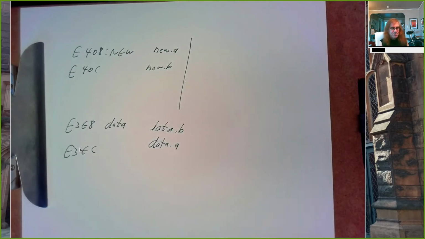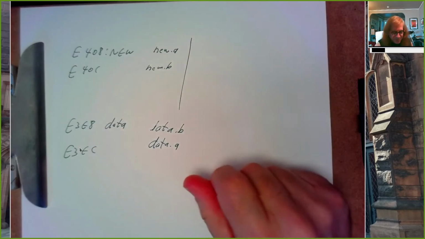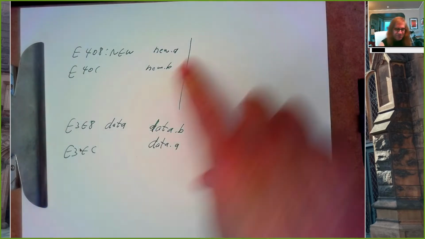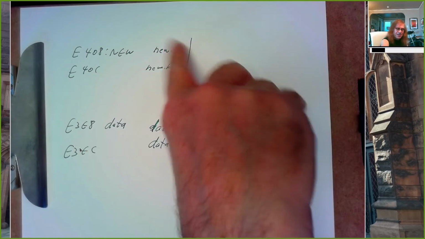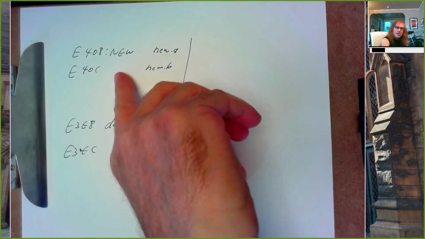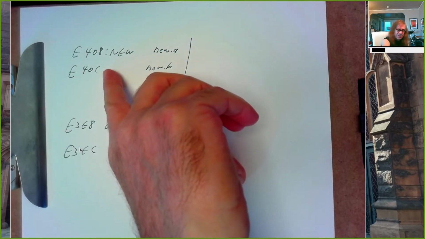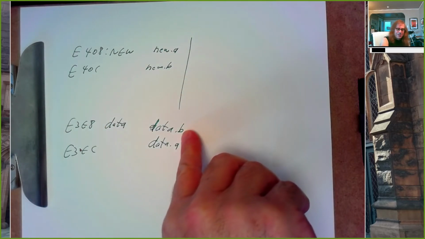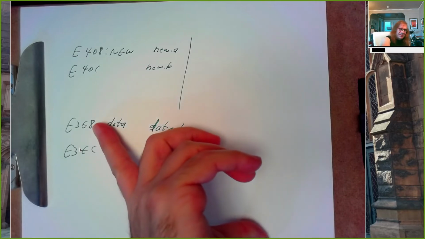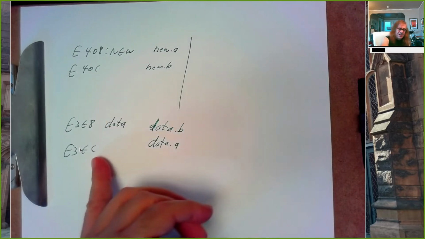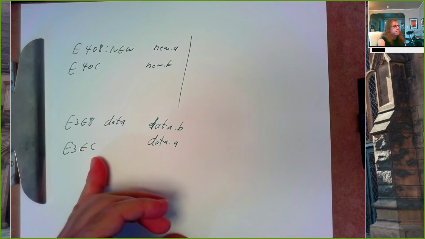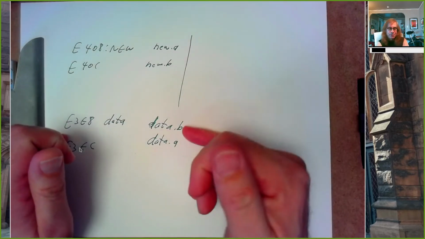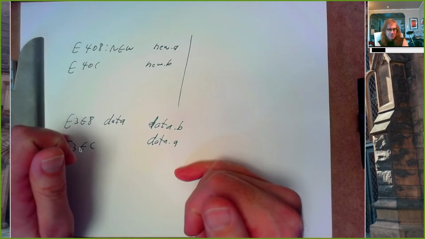So here's how memory has been set up by the compiler and the linker. Right? In our main program, we had a variable new. It stored new.a at 408, and it stored new.b in the next location. In our function, myprint, the compiler stored data.b at E8 and data.a at the next location. Right? Why did it do that? Because in my myprint function, that's the way I wrote the declaration of the struct node.